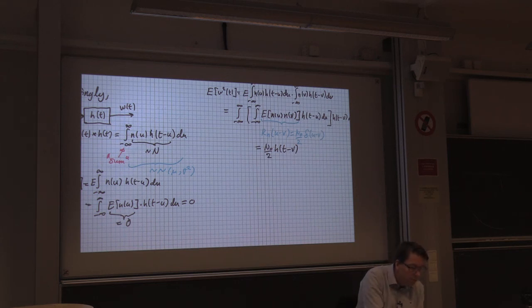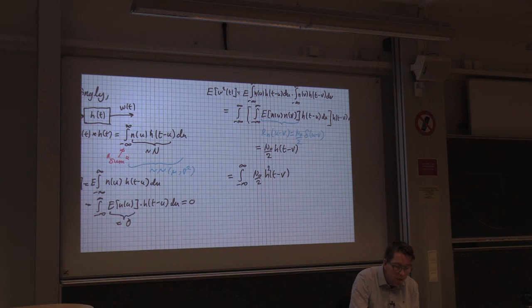We're almost done. What we have left now is one more integral from minus infinity to infinity of n naught over 2 times h of t minus v, and then the rest of the integral to the right is also h of t minus v.